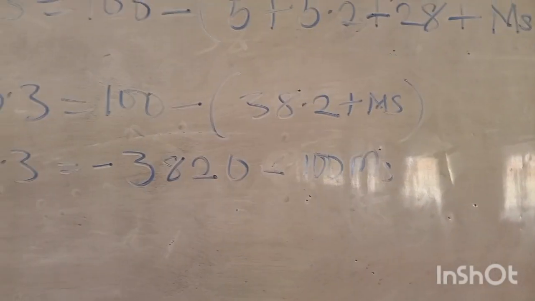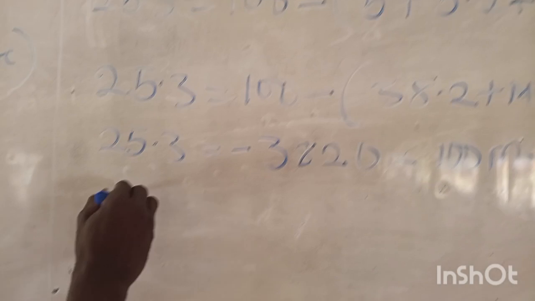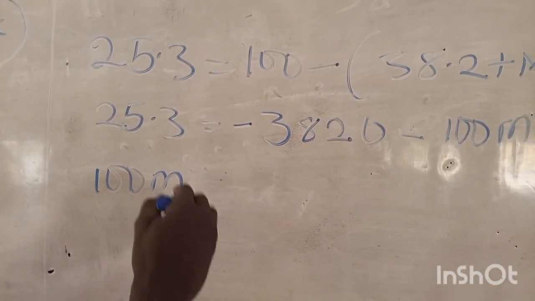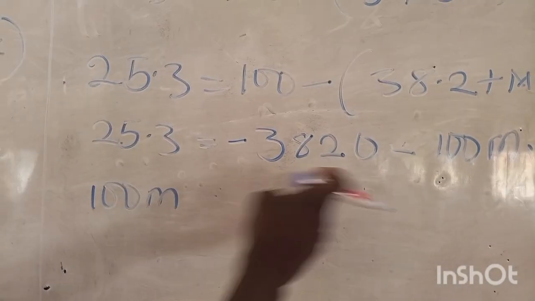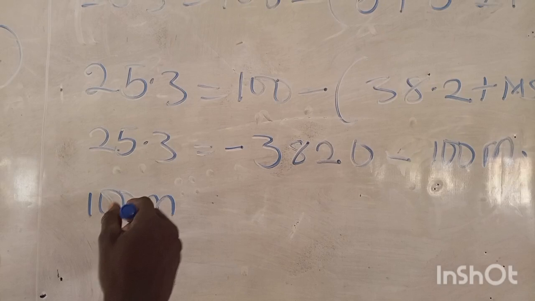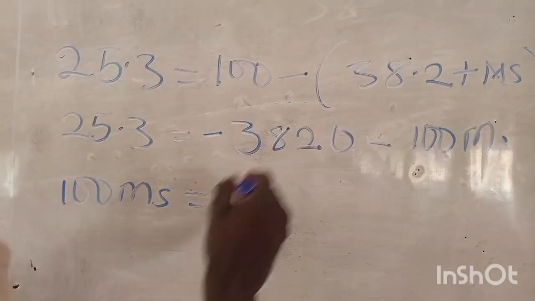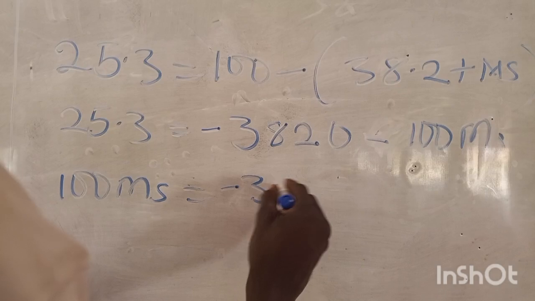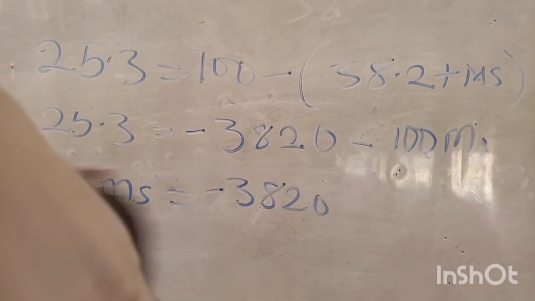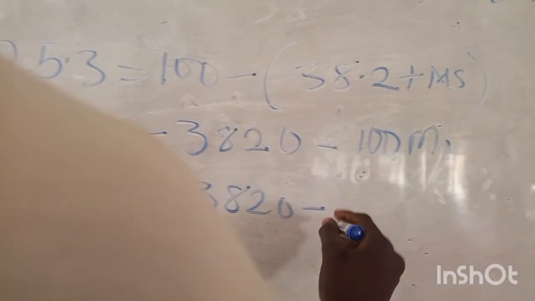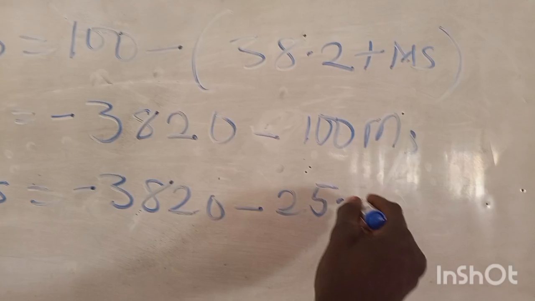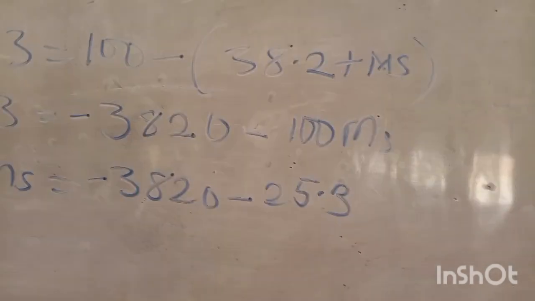So when this is coming like this, the minus will turn plus. So therefore we are having 100 MS is equal to minus 3,820 minus 25.3. I hope you understand that.